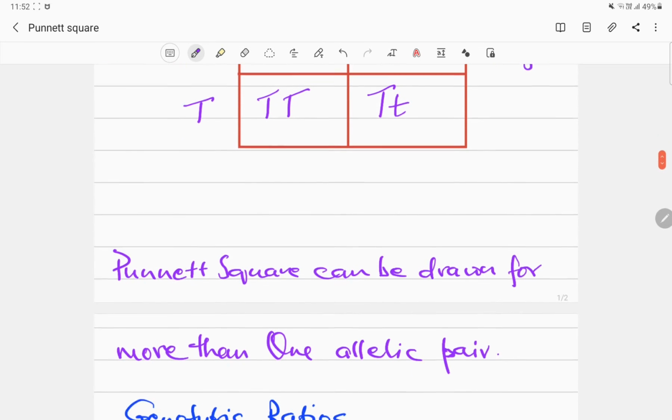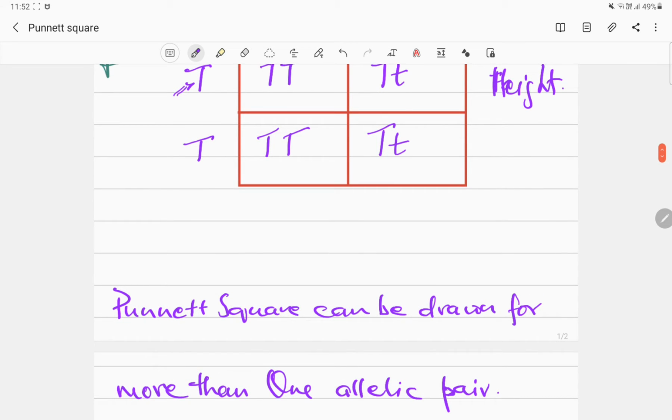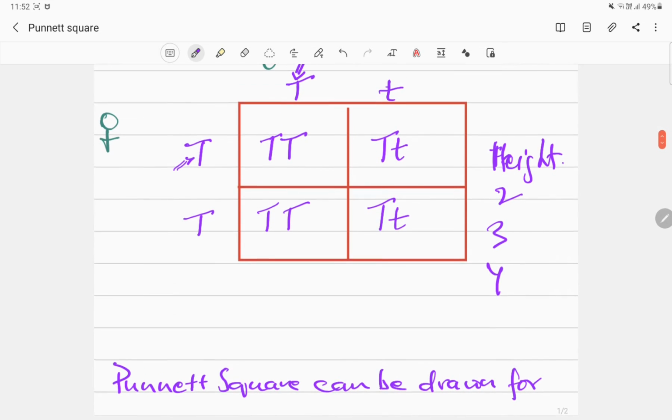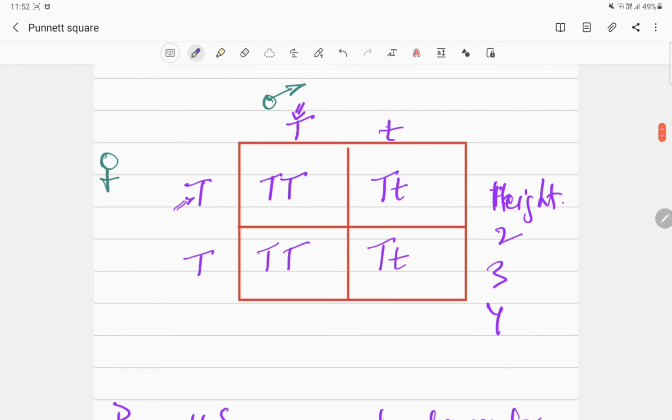But a Punnett square can be drawn for more than one allelic pair, by which I mean you can make one Punnett square to study, let's say, two traits or three traits or four traits. So when we are only developing a Punnett square or conducting an experiment keeping only one characteristic in our mind, we call such an experiment or a cross a monohybrid cross.